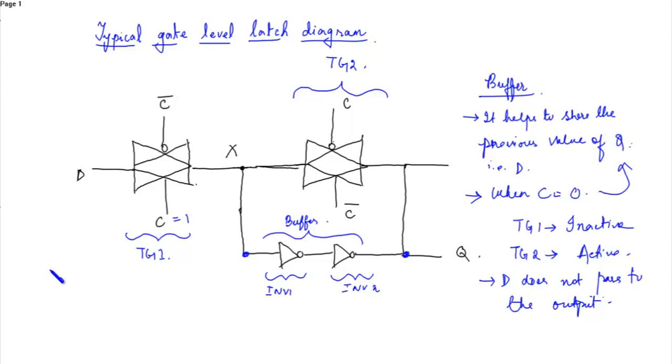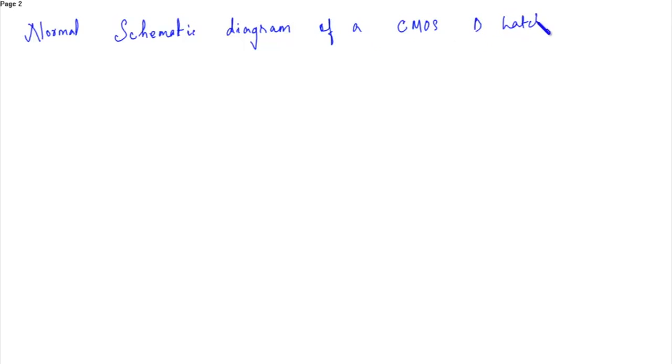Now let's see the schematic diagram using the PMOS and NMOS. This is the normal schematic diagram of a CMOS D-latch.